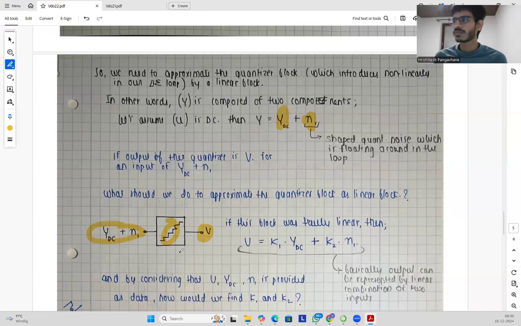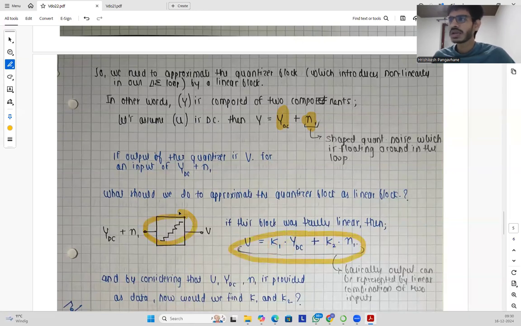So if this was truly linear, and this is the output and this is the input, then for any linear system, the output is related to the input by constants, and the equation for this truly linear system would look somewhat like this. So basically, the output can be represented by a linear combination of two inputs.